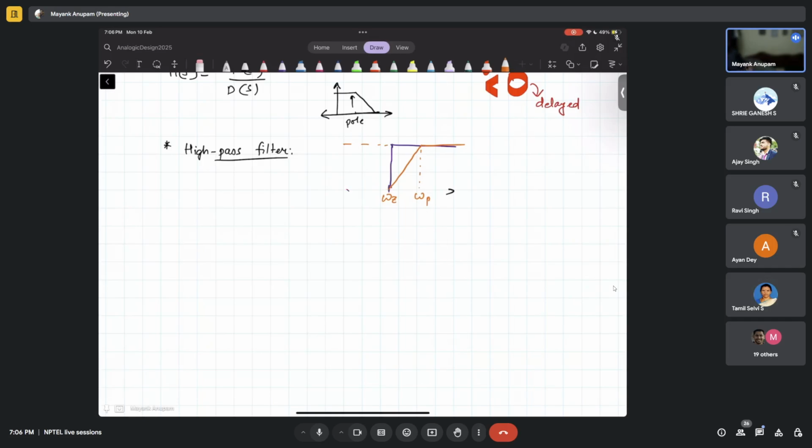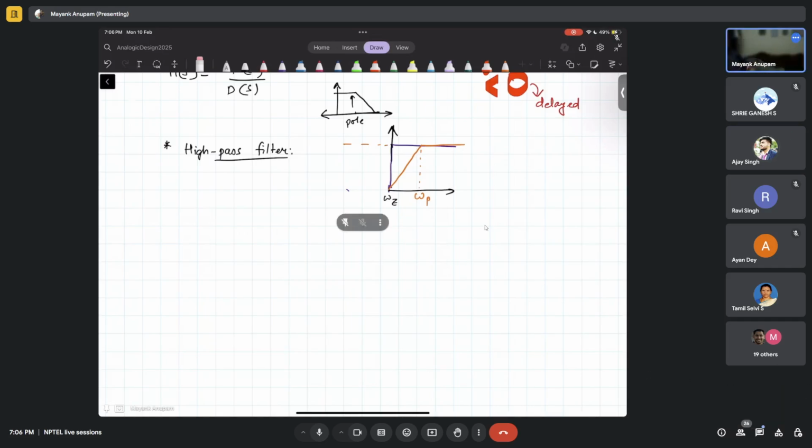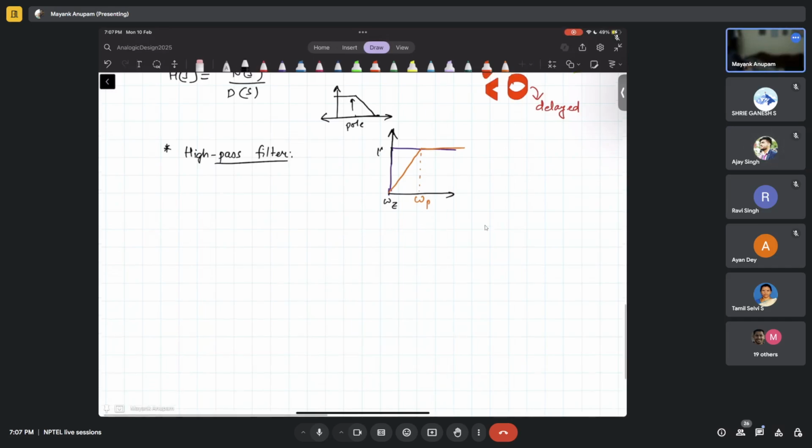Let's take a high pass transfer function of this kind. Put k equal to 1, then it will be correct. I'll come to k later. Let's say it is k only, but I'll come to k later.